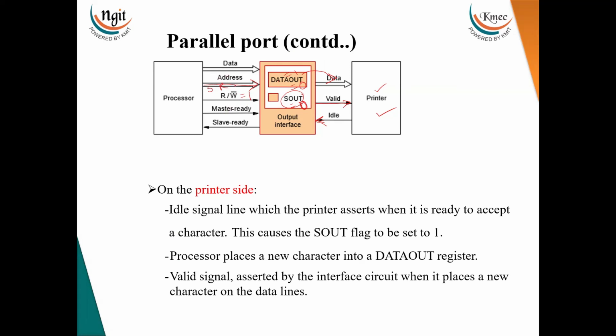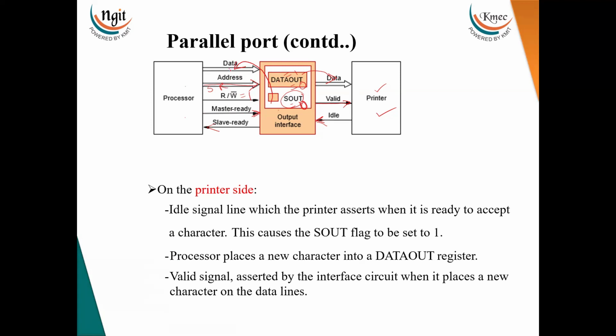After decoding this address, or with some propagation delay, a master ready signal is sent to the interface circuit. After receiving the master ready signal, the interface will send the slave ready signal to the processor. Along with the slave ready signal, the interface will place the status bits onto the data bus.